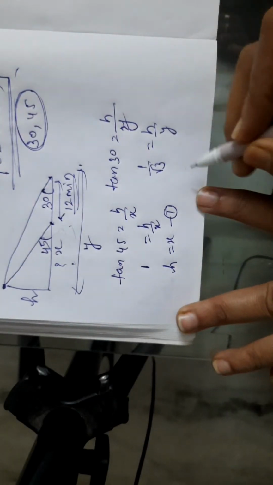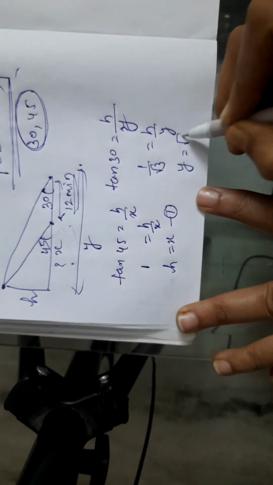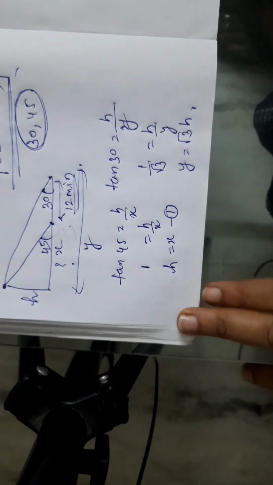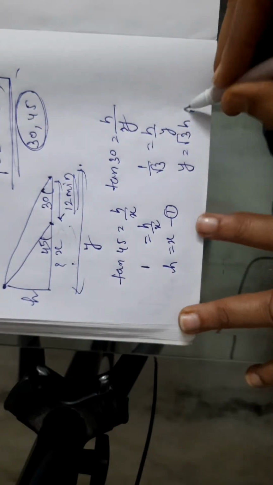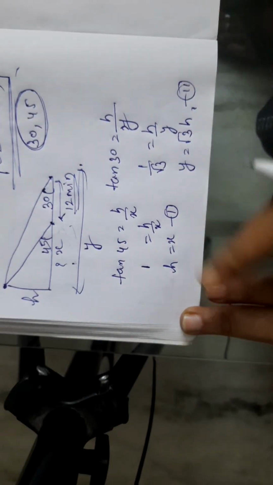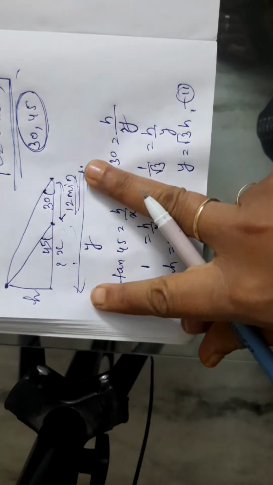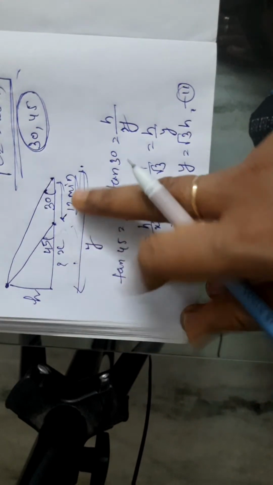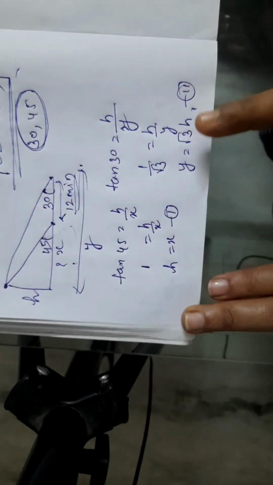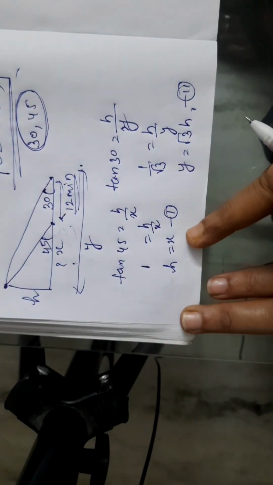Again cross multiplying, y is root 3 h. We got two values here: the value of x and the value of y. Now, if we subtract them, we get the interval. To find this distance, we need to subtract the value of x from y.